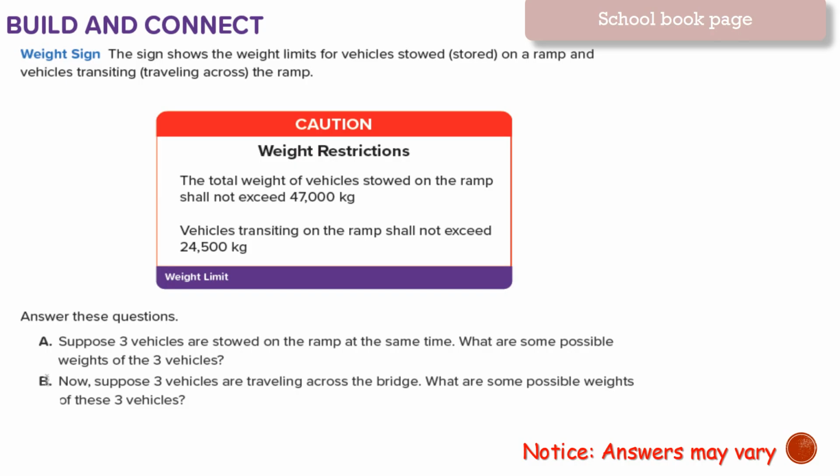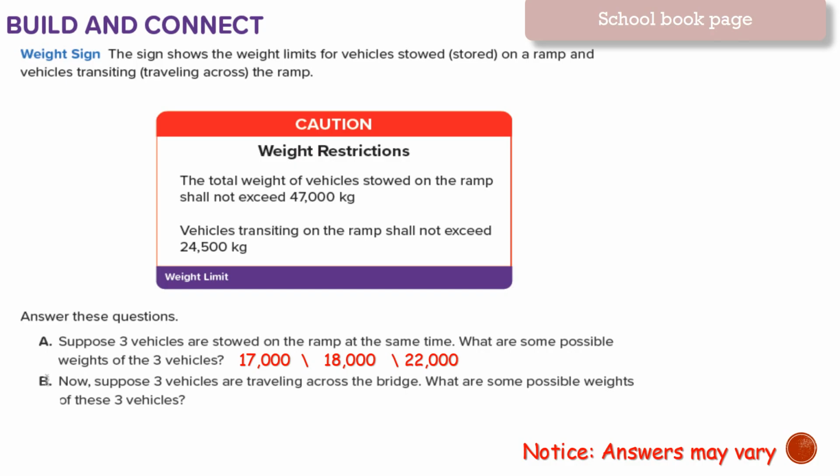Now, let's suppose in A, 3 vehicles are stowed on the ramp at the same time. What are some possible weights of the 3? Now, the sum of the 3 weights must not exceed 47,000. So the answer may be 17,000, 18,000, 22,000. Notice that any 3 numbers whose sum does not exceed 47,000 will be correct.